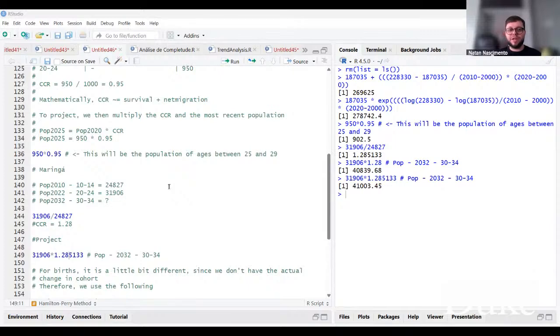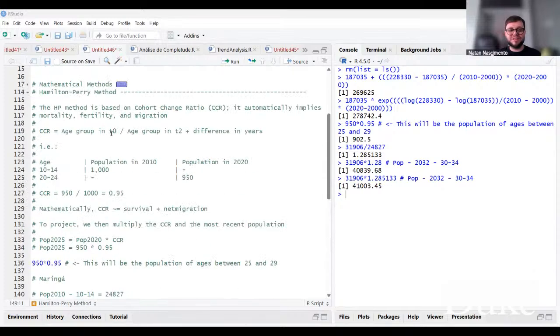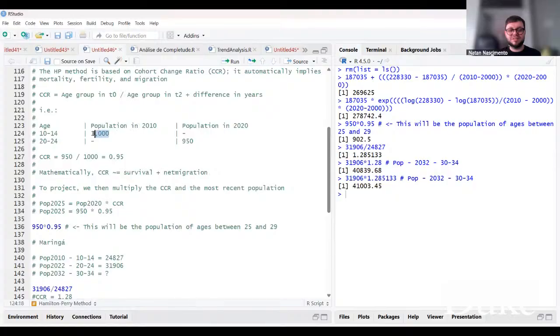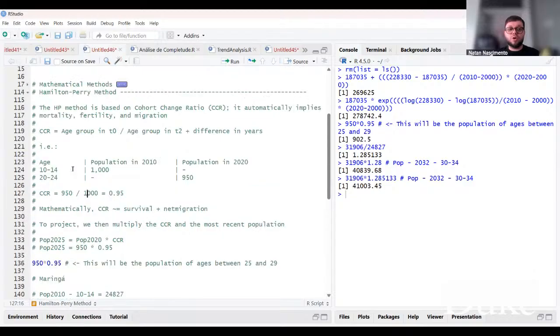I'm not multiplying by number scales, I'm multiplying by time scales, so I'm dividing by time scale. So I need to divide the most recent population by the oldest population. That's why I'm using this, because this is a rate of cohort change. It's a change between the most recent and the least recent.